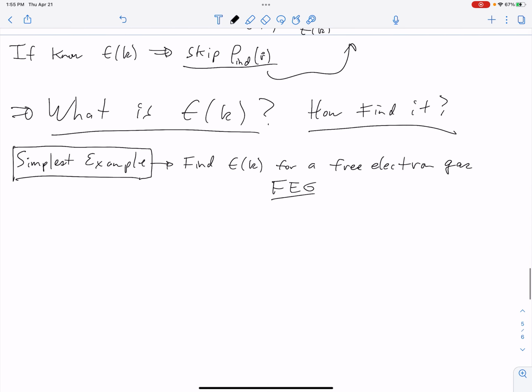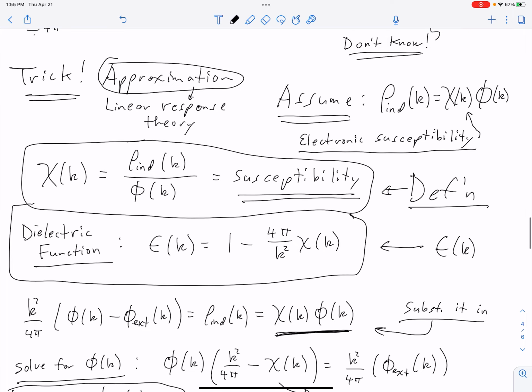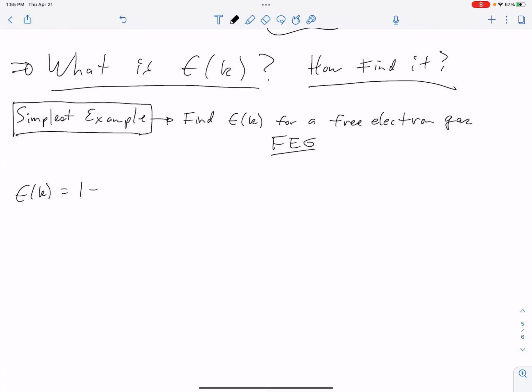So we see that epsilon of k is equal to 1 minus 4 pi over k squared chi of k. That's the dielectric function, but we also know that chi of k, the susceptibility, is equal to the induced charge divided by the total potential.